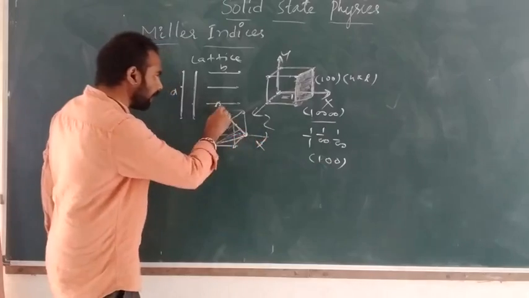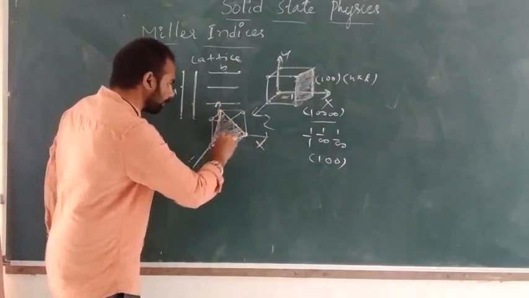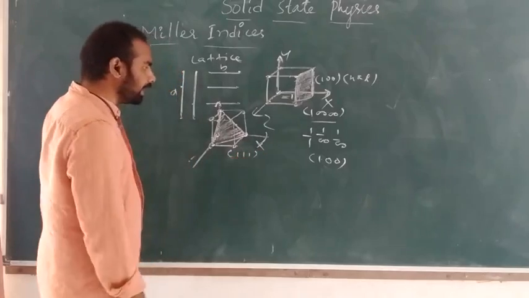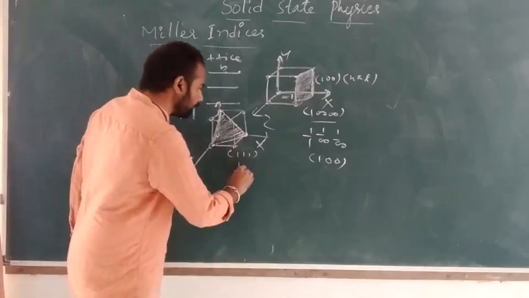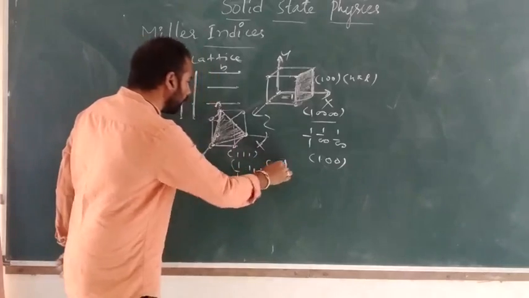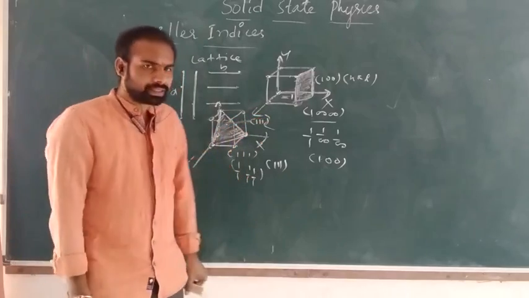It is intersecting the x-axis, the y-axis, and the z-axis, so 1, 1, 1. These are the intercepts. Now the reciprocals of the intercepts: 1 by 1, 1 by 1, and 1 by 1, that is again 1, 1, 1. So these are the Miller indices of this plane in the crystal system.